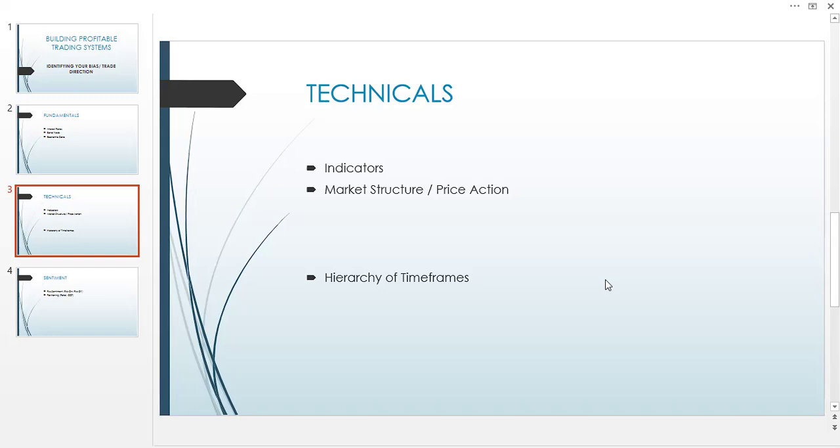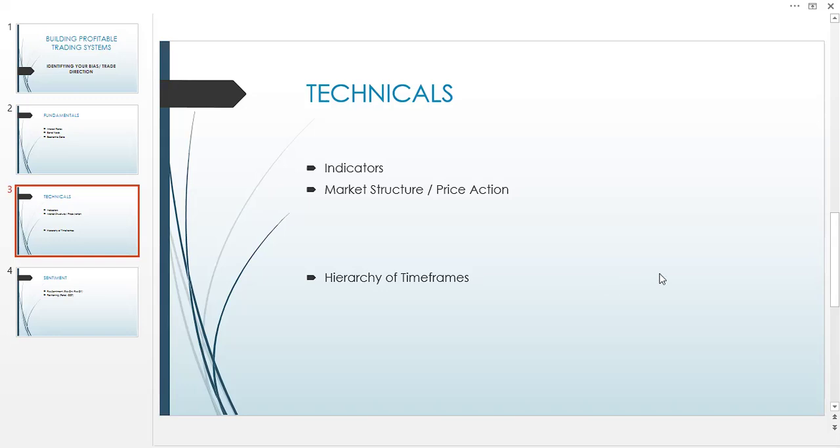Now, because of our time, I'm going to have to make a part two of this. So in the next lesson, we are going to be talking about market structure, price action, the hierarchy of time frames, and then we'll also be discussing sentiment, which for me, I believe is really one of the best ways to trade.